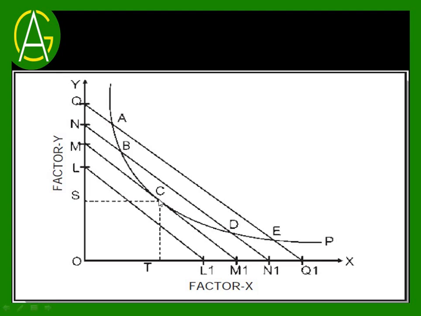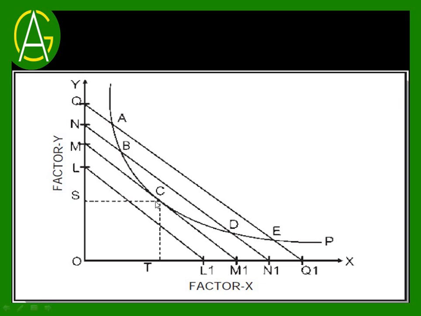But at point C, the production is 1000, but the cost is lowest here. At point D again, production will be 1000, but the cost has increased. At point E, production will be 1000, but the cost has again increased. So out of all these points, the lowest cost is at point C, where isoquant and iso cost are tangent.